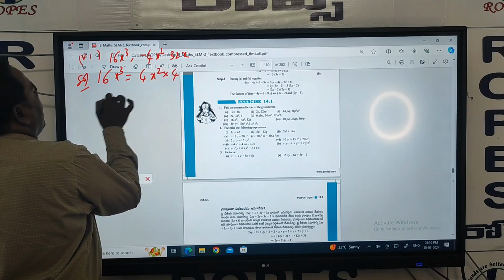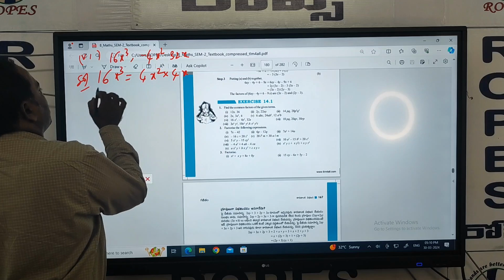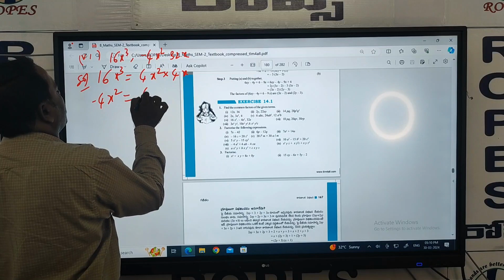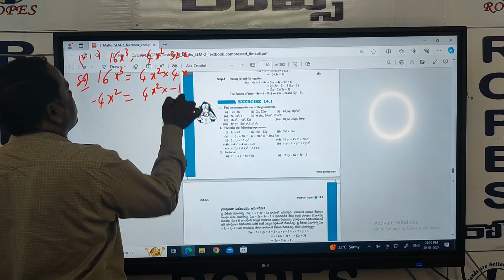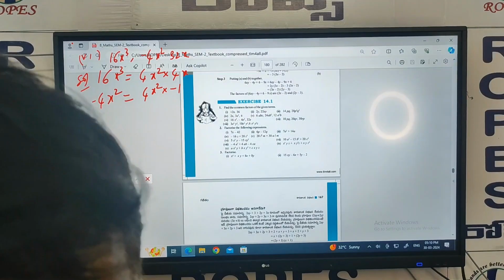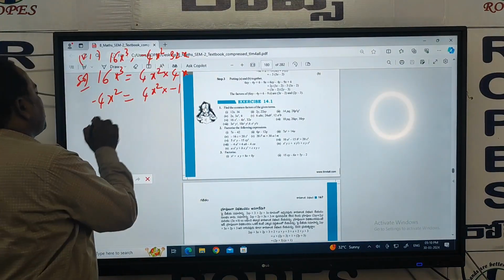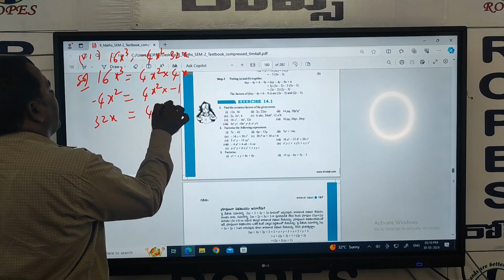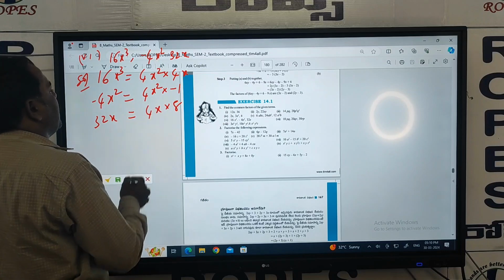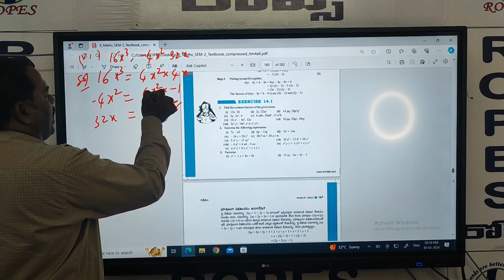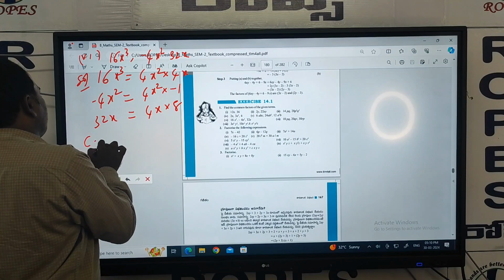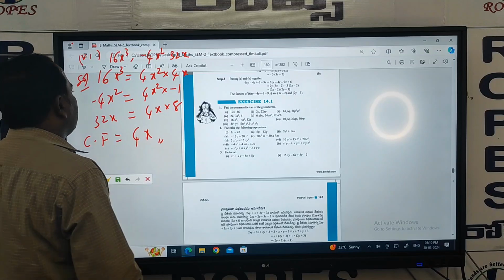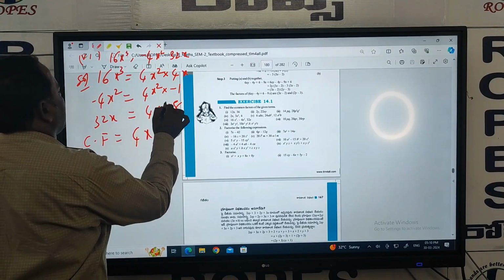Now minus 4x square we can write as 4x into minus x. Next, 32x we can write as 4x into 8. If you observe this, 4x is common. Okay, so the common factor is equal to 4x. That is the common factor in all three terms.